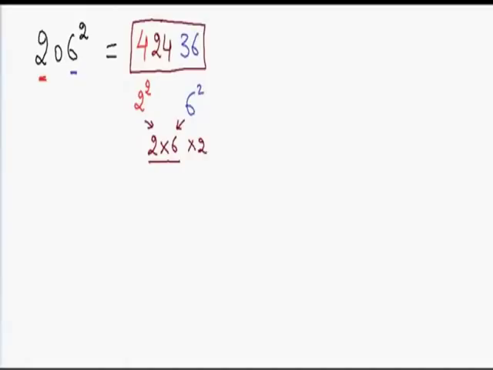Let me take another example. Suppose I have 409 and I want to do a square.